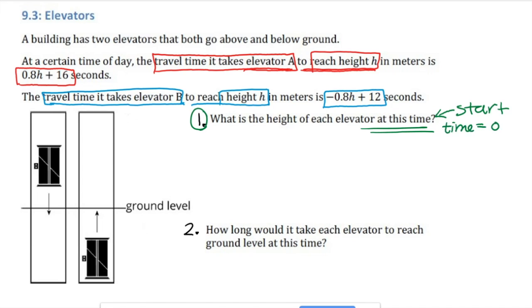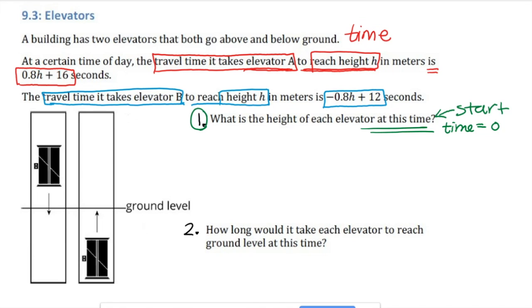So our start time is going to be 0. Okay, so that's our beginning. Now here's the thing, where does the time fit in here? It says at a certain time of day, the travel time it takes the elevator. So our time to reach the height is.